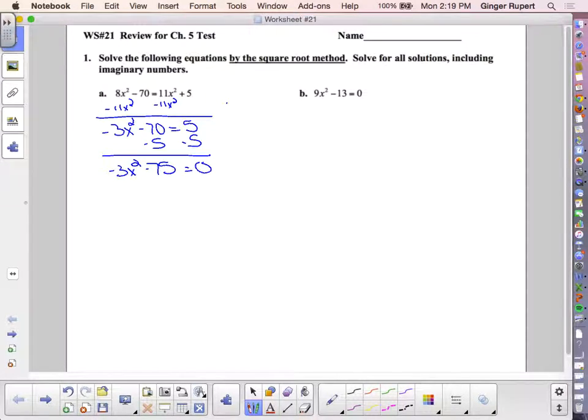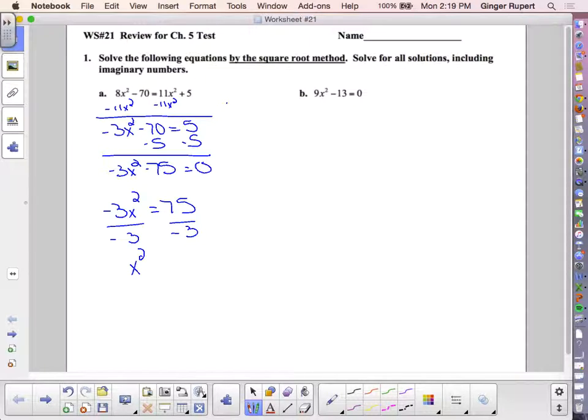Okay, so when you see a quadratic of this form, ax squared plus c, then that's going to be the square root method. To solve this, you isolate the term with the variable, negative 3x squared, which means you're going to add 75 to both sides. Divide both sides by negative 3.